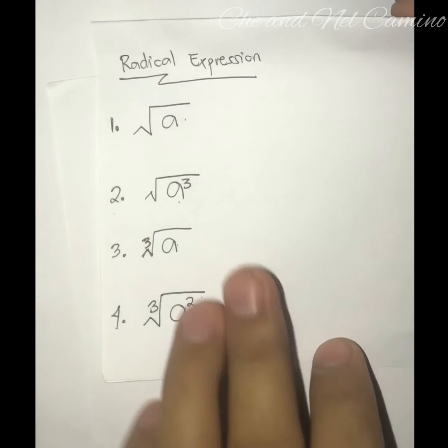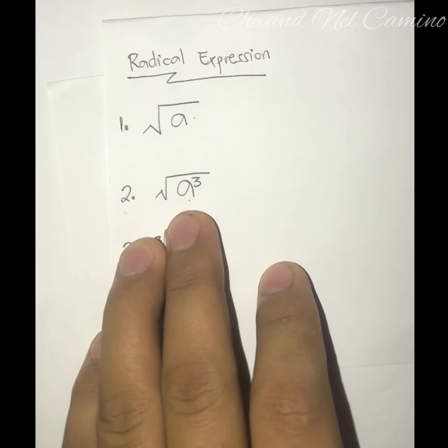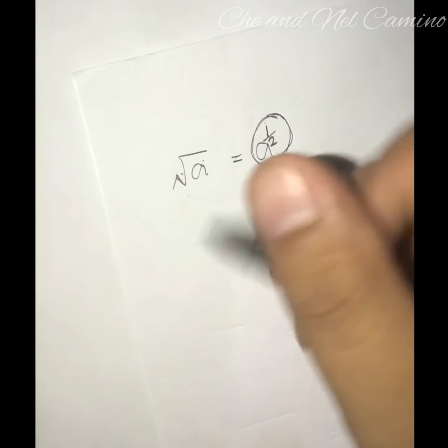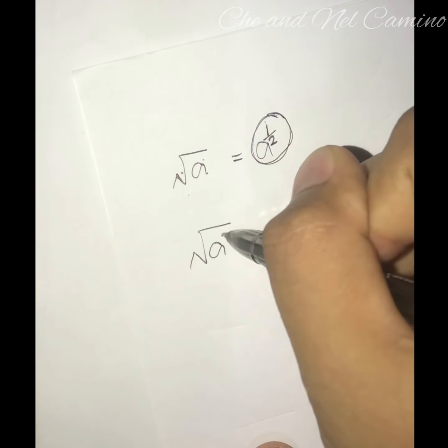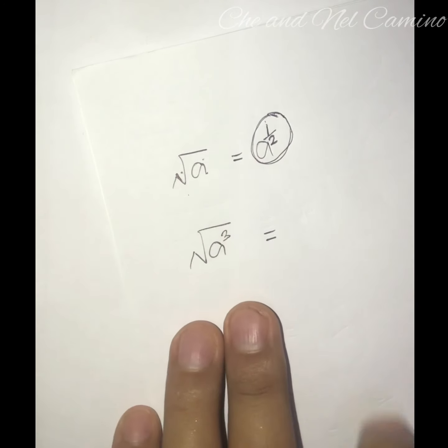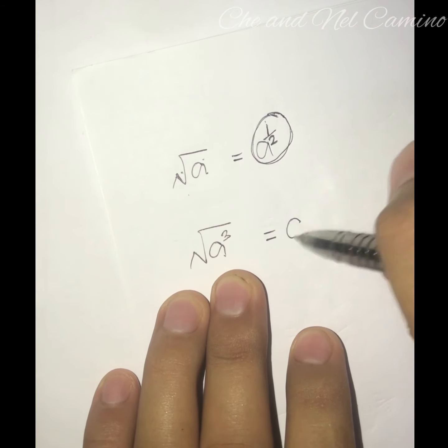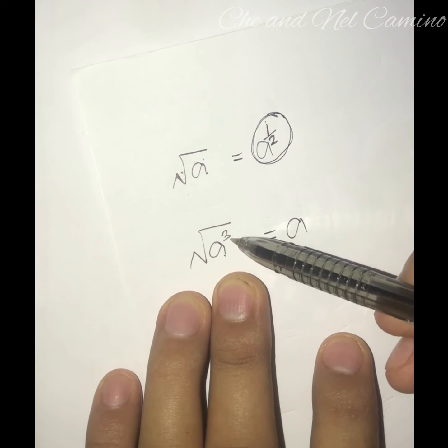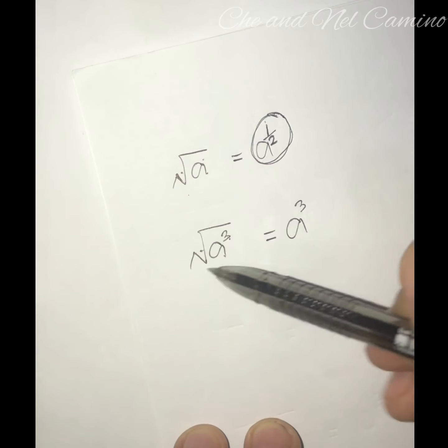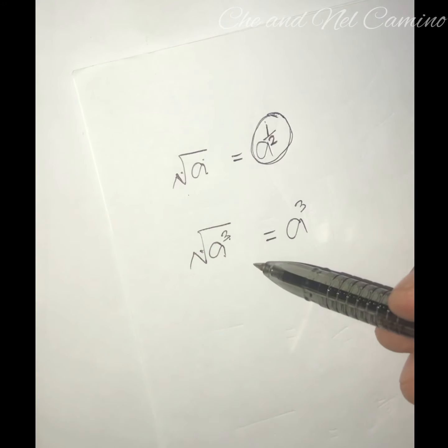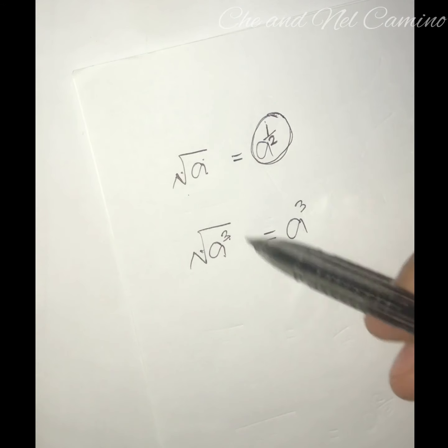So we have the next example, square root of a to the power of 3. So at this point of time, we have a, and then we have 3 here as our exponent, and then we don't have any number in our index, so that is understood that we have an invisible number of 2.